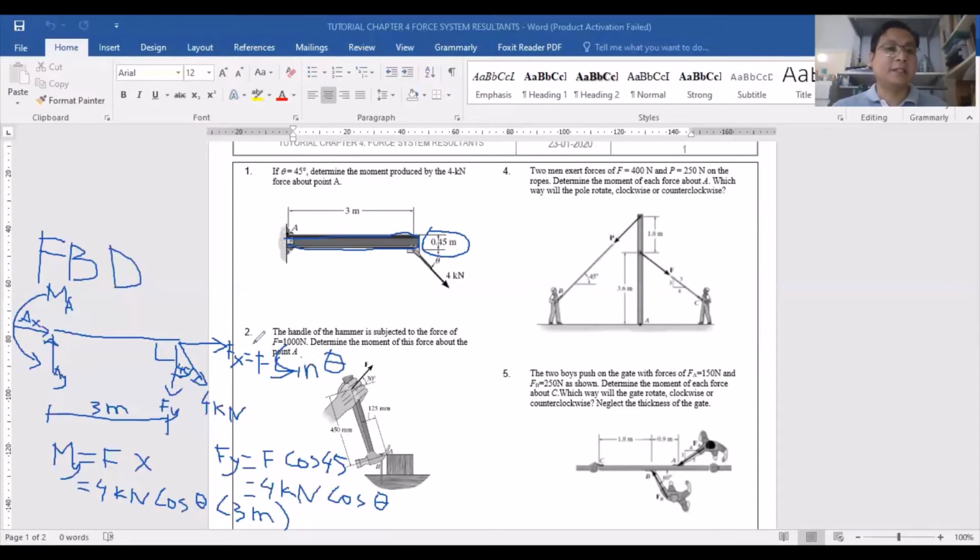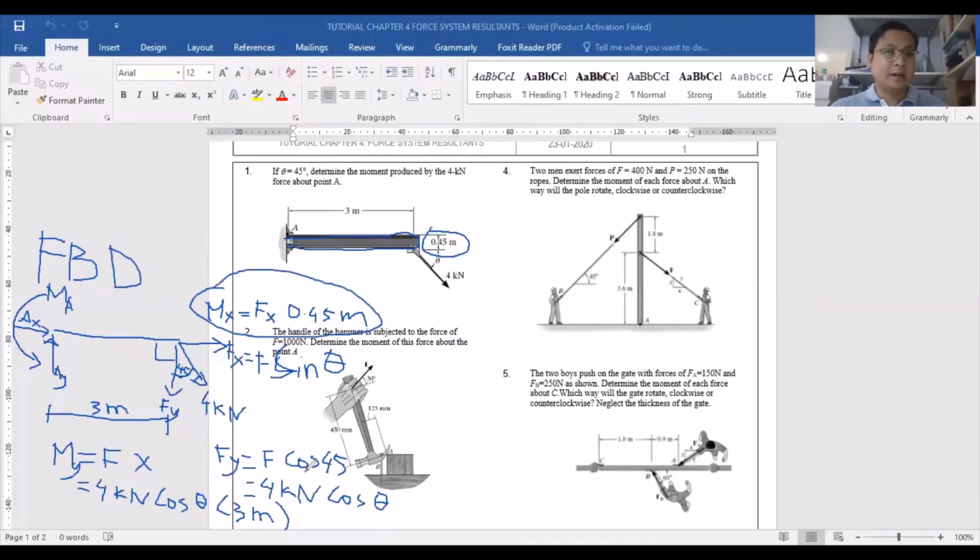Okay, F sine theta. So Fx will work in the x direction by Fx times 0.45 meter. So you can calculate by yourself here.